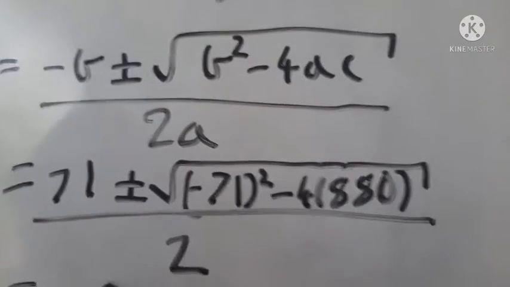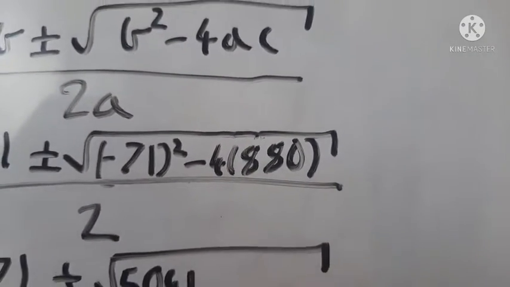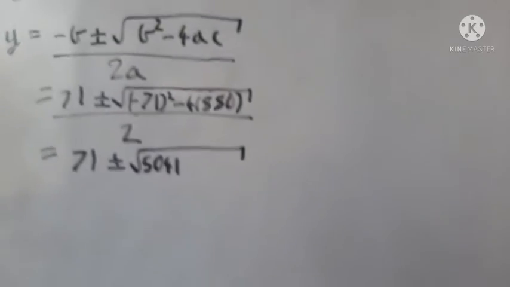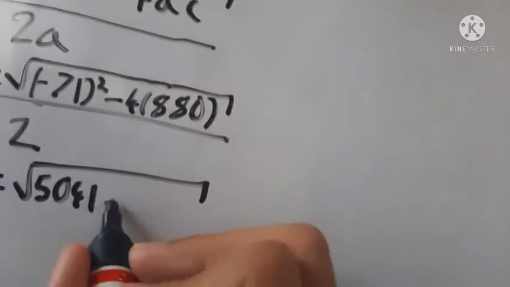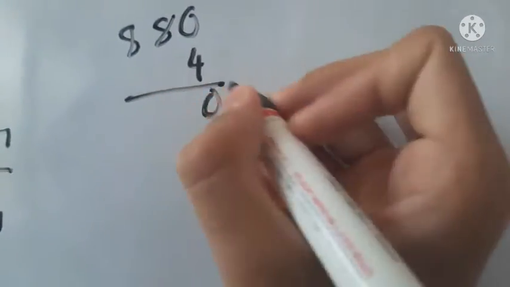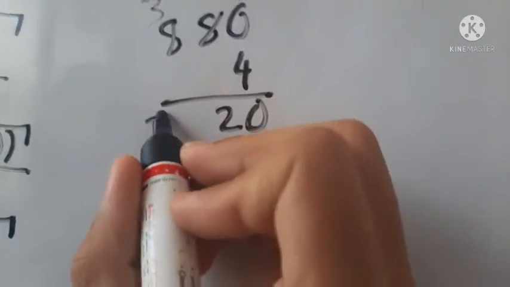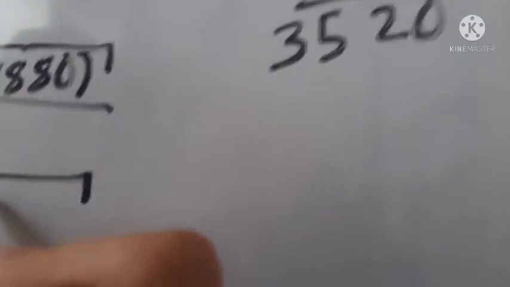Then we get 71 plus or minus the square root of 5041 minus 880 times 4, which is 3520.